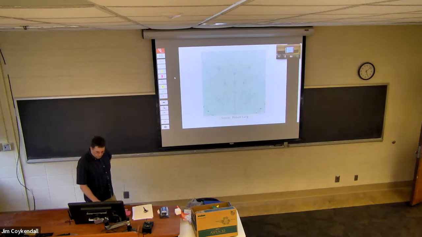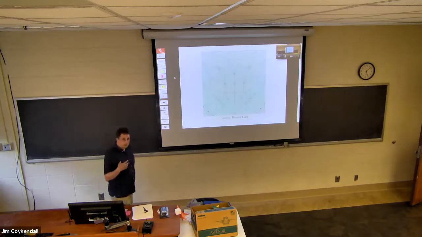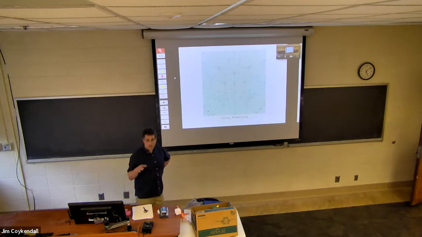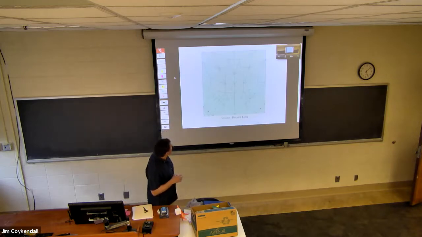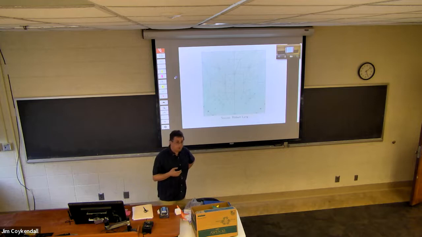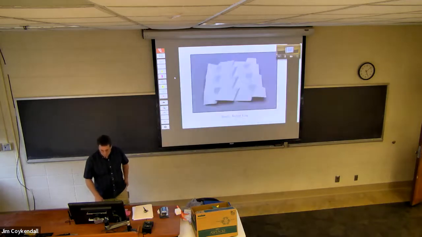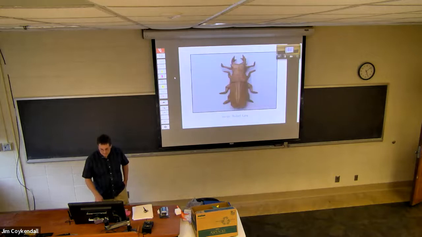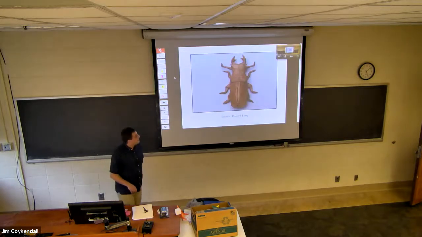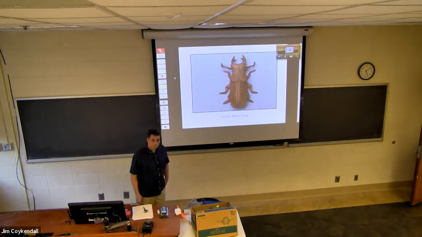So Robert Lang, the person I showed you at the beginning, the way that he designs his stuff is he developed a program called TreeMaker. Okay, and what it does is, well, let's go back. So when he sees something like this bug, he sees it as a tree.